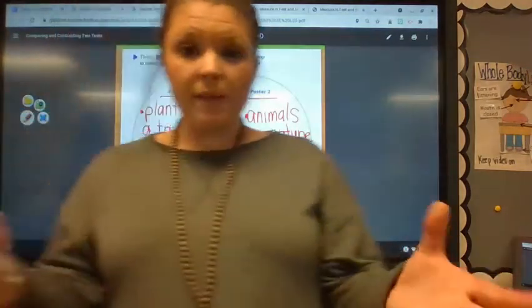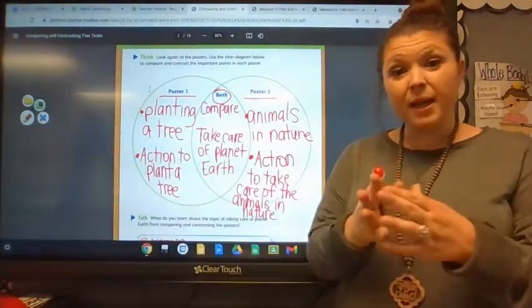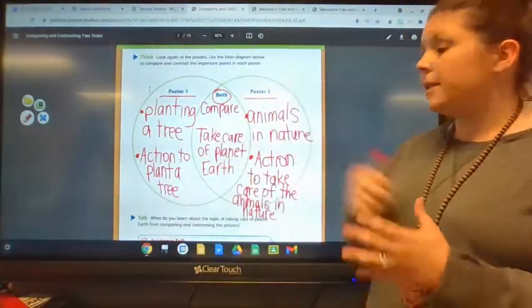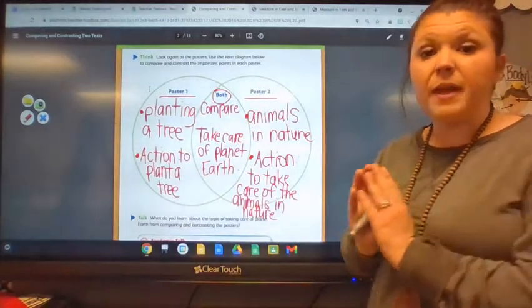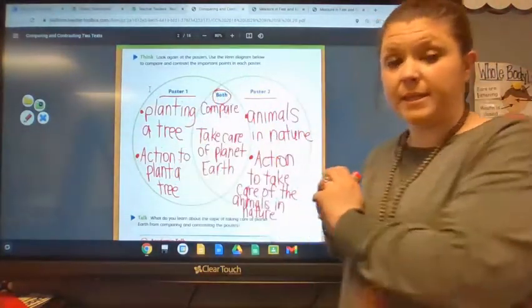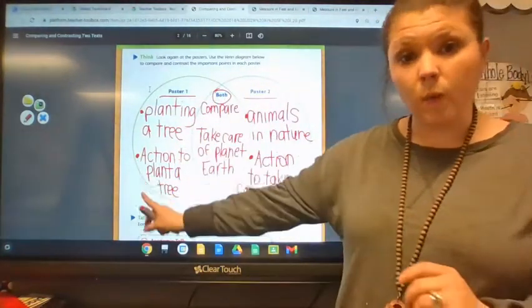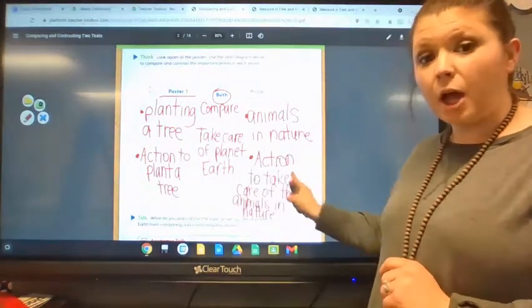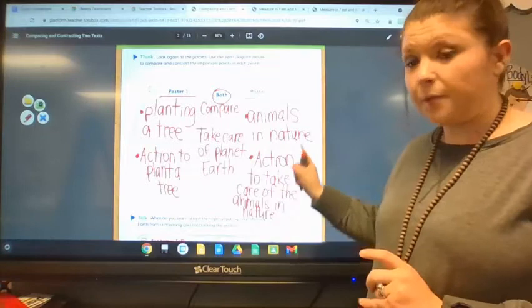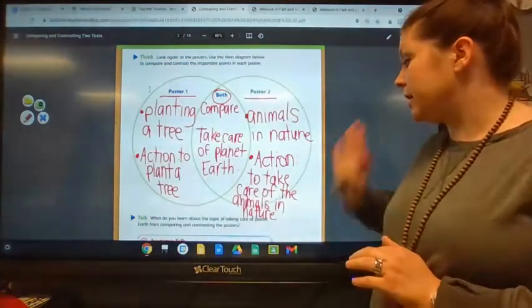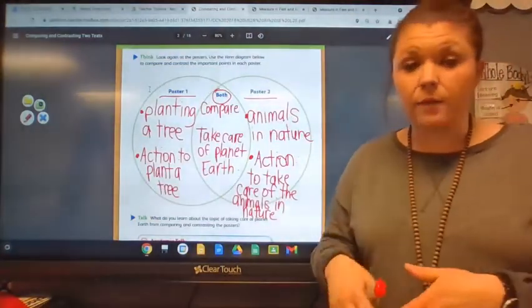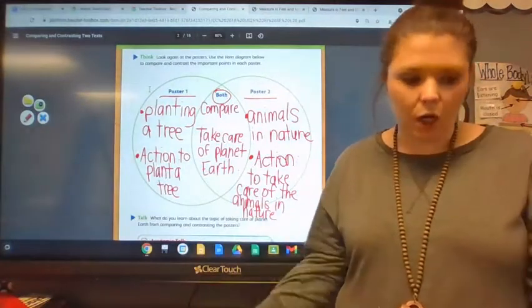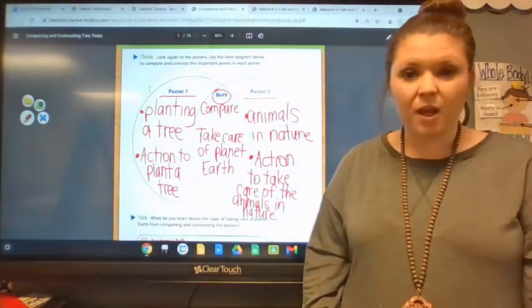So even though these two texts have the same main idea of trying to take care of planet Earth, they're telling us two different ways to take care of planet Earth. One way to take care of planet Earth is to plant a tree. The other way to take care of planet Earth is that animals are in nature and that we should take care of those animals by keeping Earth clean, right?